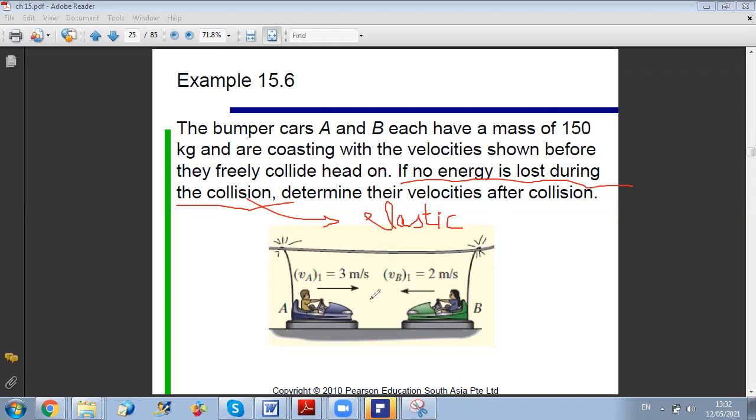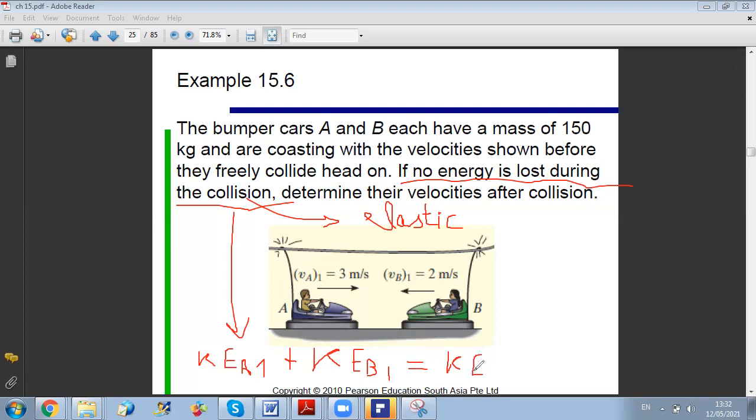So the kinetic energy is conserved. Okay? So from this sentence you can write that kinetic energy of A at state 1 plus kinetic energy of B at state 1 is equal to the summation of kinetic energy at the final state.